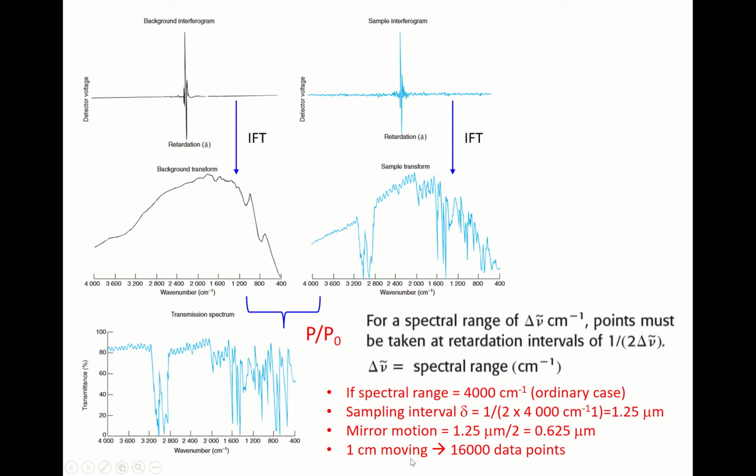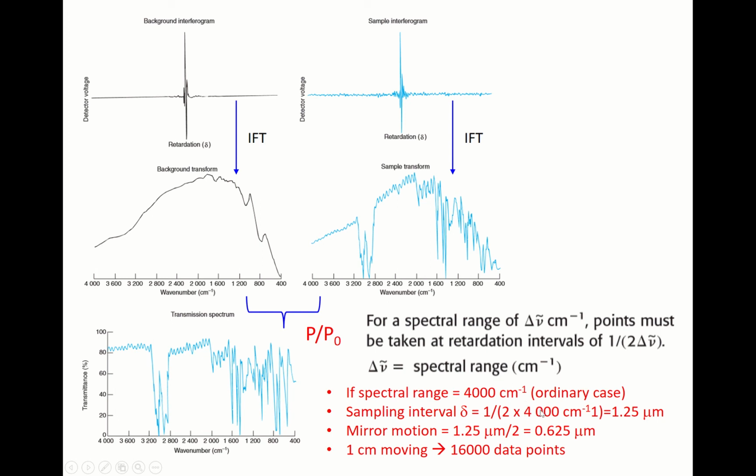So usually the mirror moves only this distance. This is the mirror moving distance. And how many data points? 1 centimeter divided by 0.625 micrometer gives you 16,000 data points.